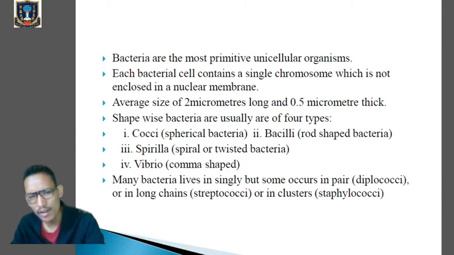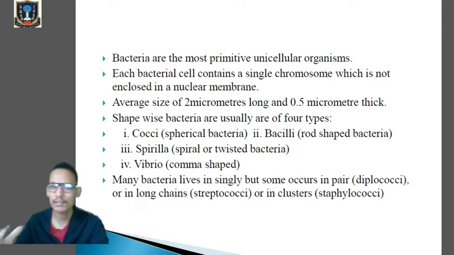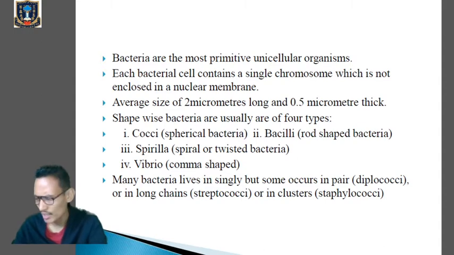All bacteria are not harmful, but there are those which are beneficial also. For example, I can say E. coli. That will help in the synthesis of certain vitamins in our body. Okay, they will also prevent the growth of other bacteria. So there are not only harmful bacteria that cause different types of diseases, but there are beneficial bacteria also.